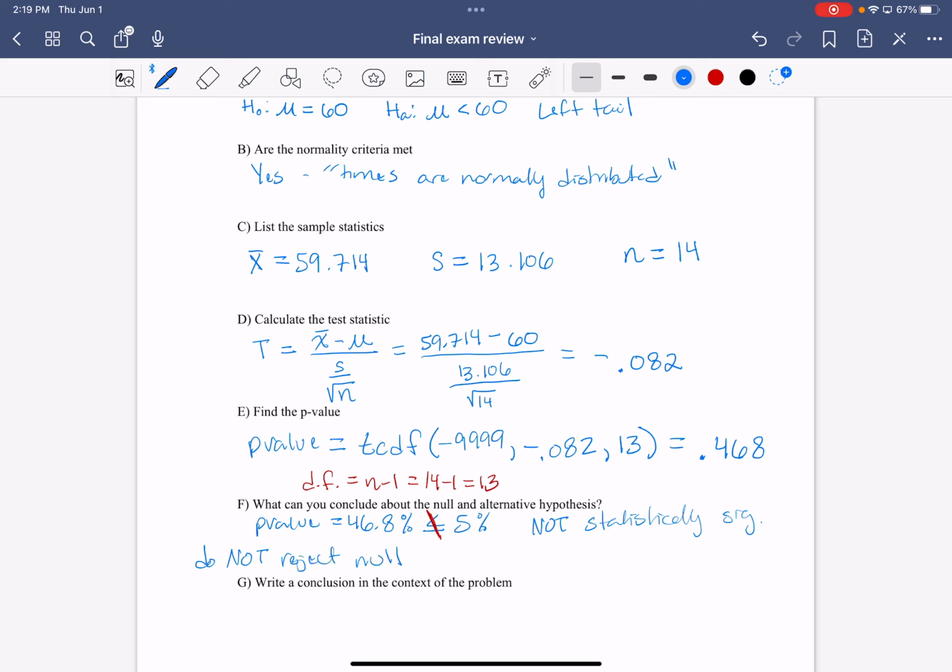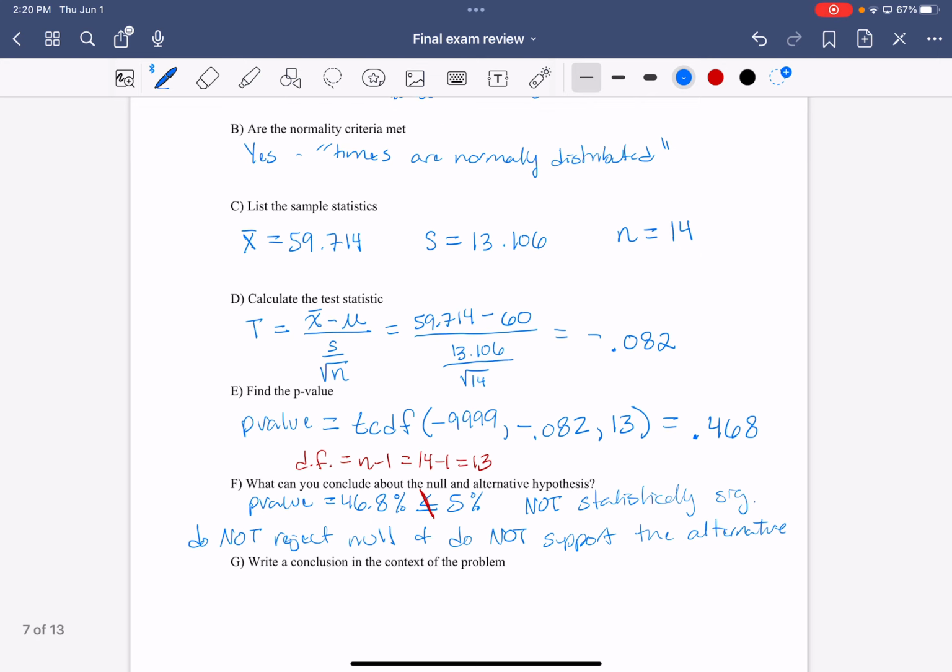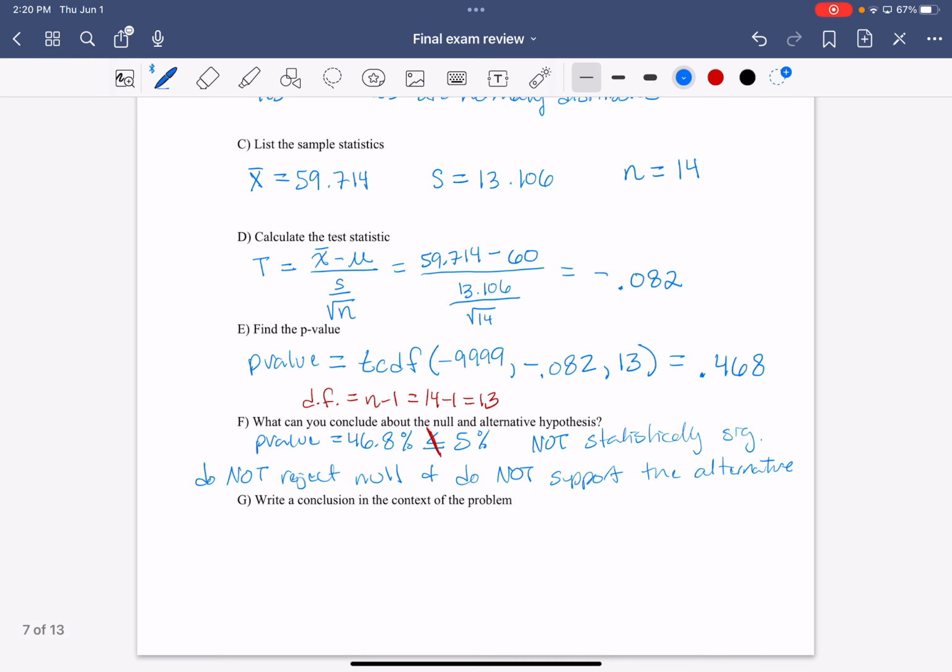And do we support or not support the alternative? Do not support the alternative. All right, so since our p-value is not less than the level of significance, it is not statistically significant, we do not reject the null, and we do not support the alternative.